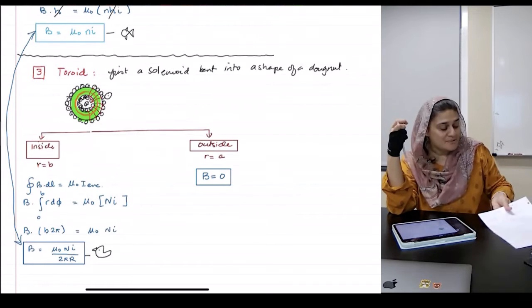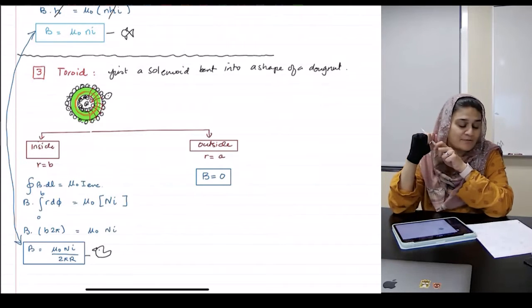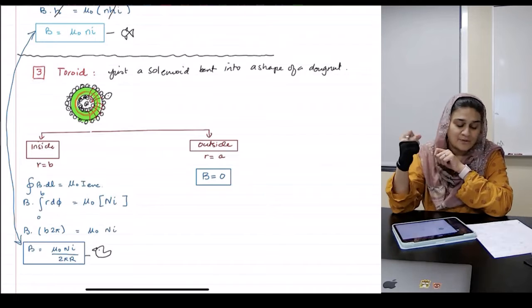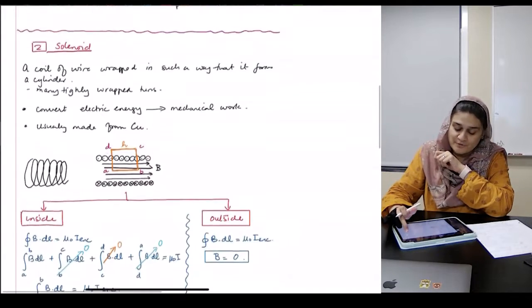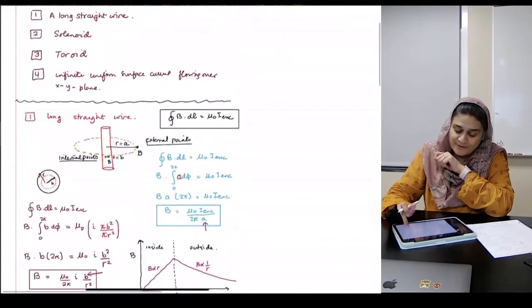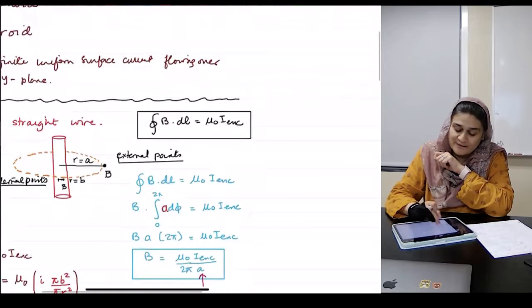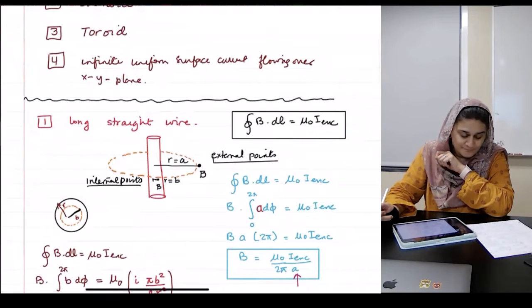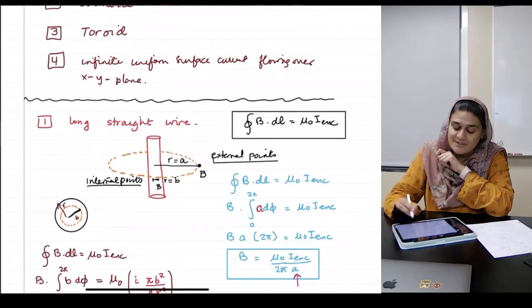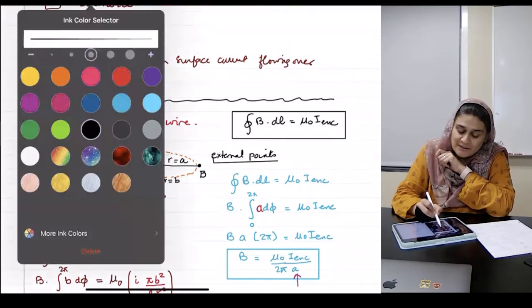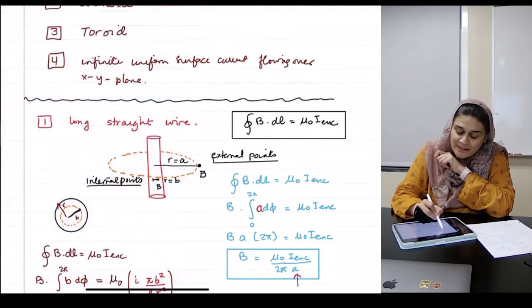Okay, the last one was the magnetic field of an infinitely uniform surface current flowing over the XY plane. In that case, I have to define what I mean.